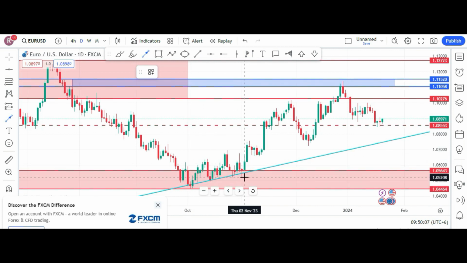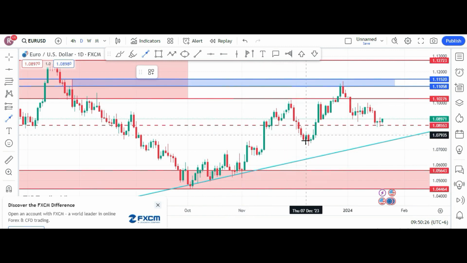So this is the area from where this bullish trend has been started. Is it clear guys? The price being bearish here, got bullish, then bearish, got bullish, bearish. Then from here, once it started moving up, it never came down.